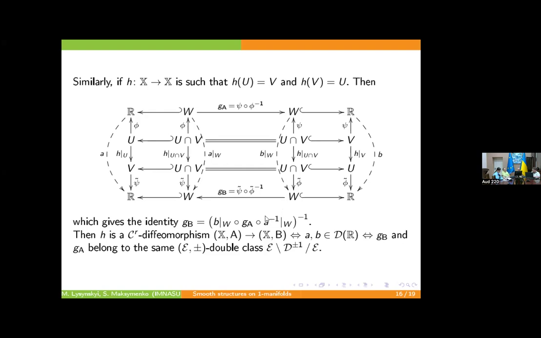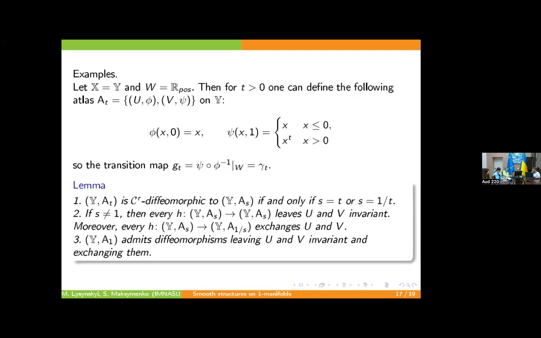Now we have the same identity, but the transition map of GB, its inverse, belongs to the double coset. So H is a diffeomorphism exchanging U and V if and only if the transition maps belong to the plus-minus double cosets. Now let me finish with two examples.